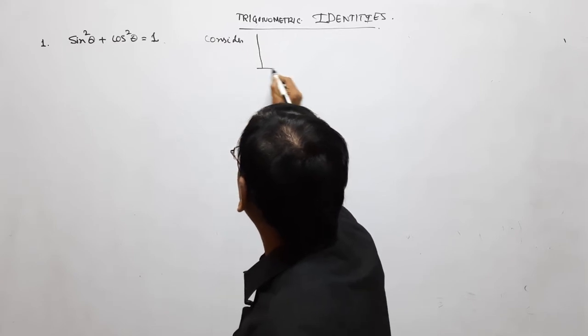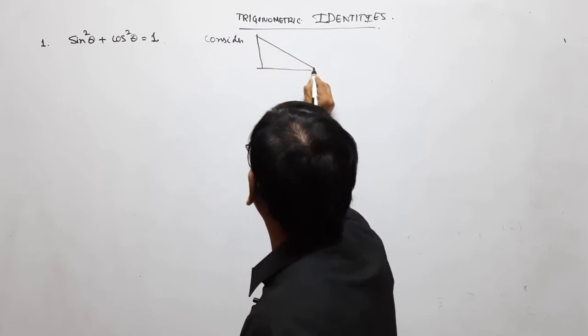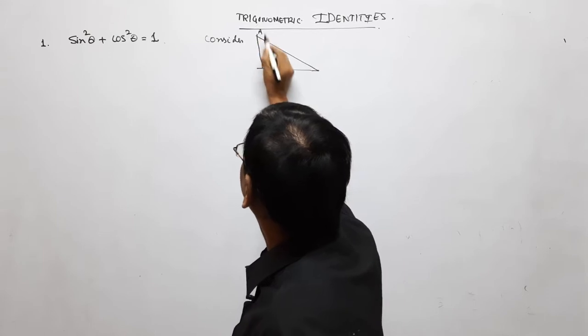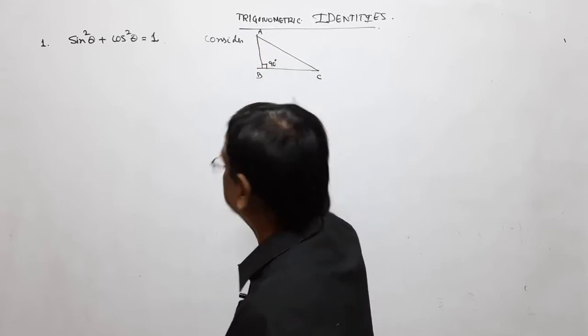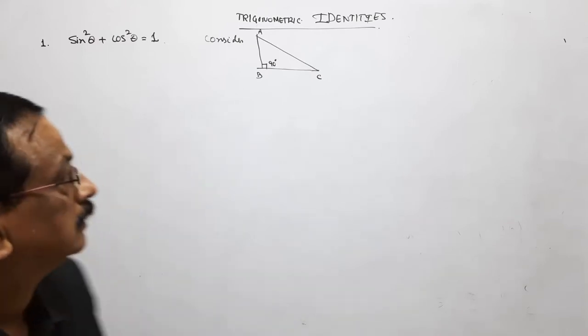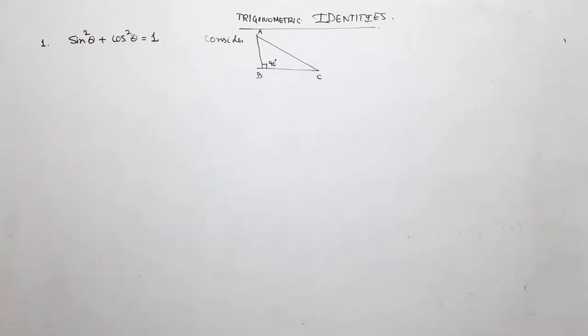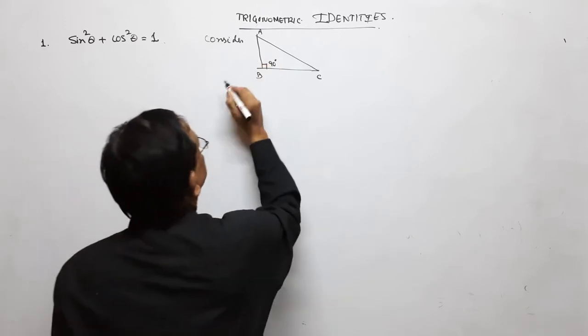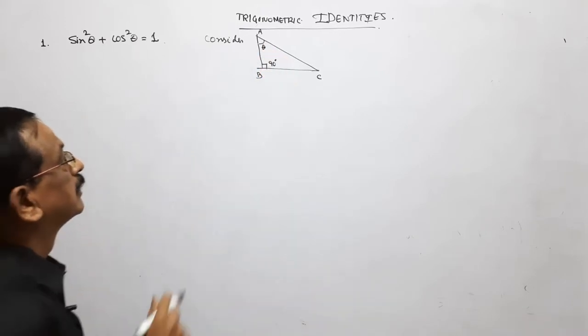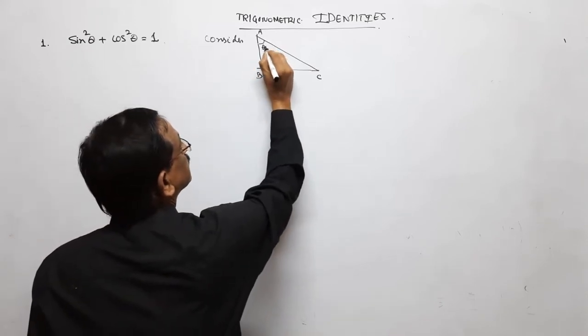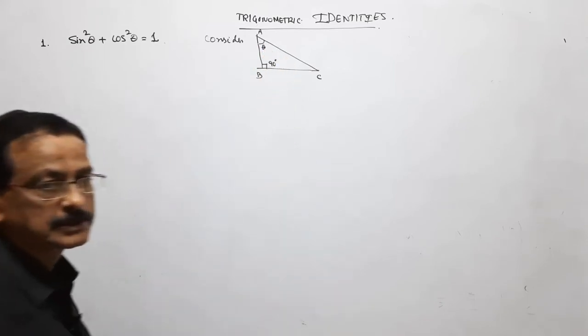So for this, consider the right angle triangle. I'll call this as A, B, C. As usual, B is 90. So if I call this as theta, previously I used to call this as A, there is no harm in considering theta.